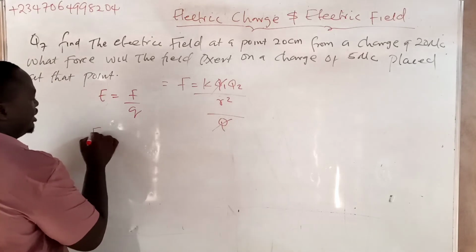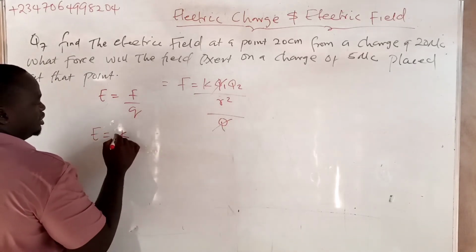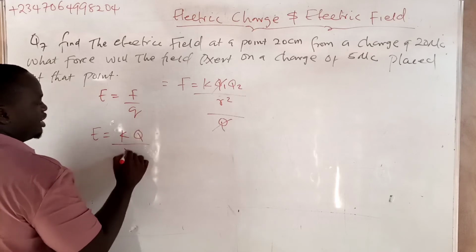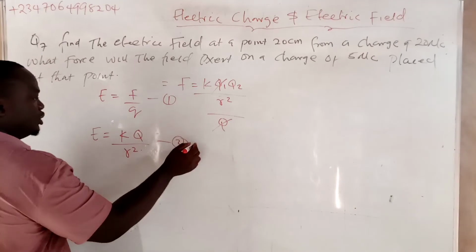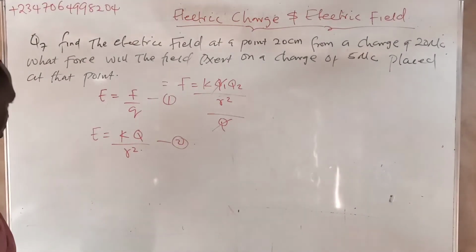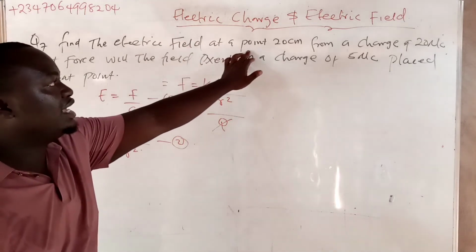So electric field has only one charge, KQ all over R squared. So this is equation 1, and this is equation 2.